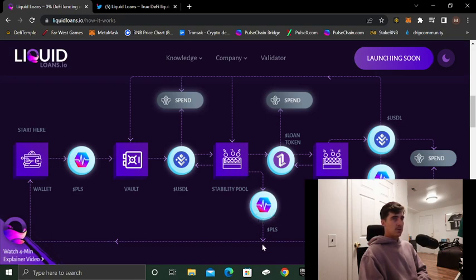And when you get Pulse, you can redo all of this, or do whatever you want with it, honestly. Keep putting it in here and just hold it in the vault, or stake it. You also have loan token out of the stability pool as well. If you get liquidated or anything, you get paid in loan token too, so you can spend that, or you can stake your loan token. When you stake your loan token, all of the transactions and loans taken out will be the transaction fees that you receive as a staker of loan token.